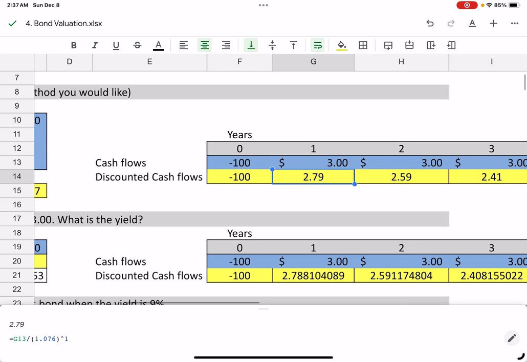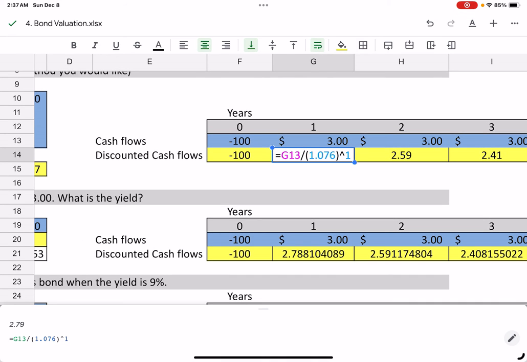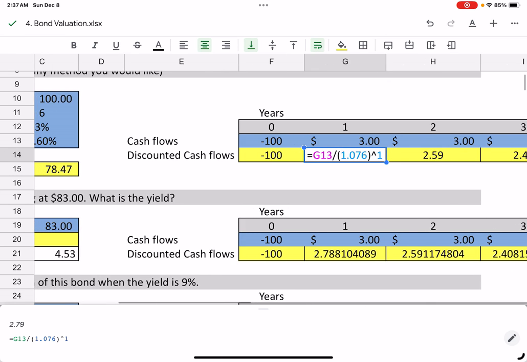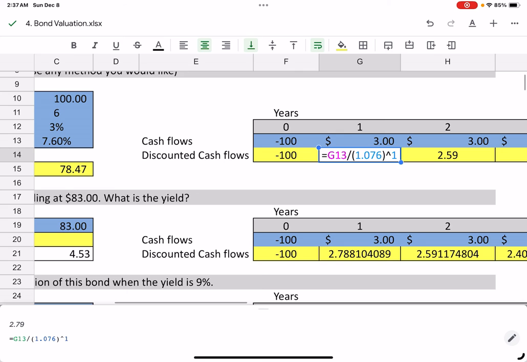Now look at the formula bar at the bottom left corner. Here I discounted G13, which is this $3, by 1.076. Remember, our discount rate was 7.6%. When we divide 7.6% by 100, we get 0.076, and then we add 1 to it, because we are discounting.